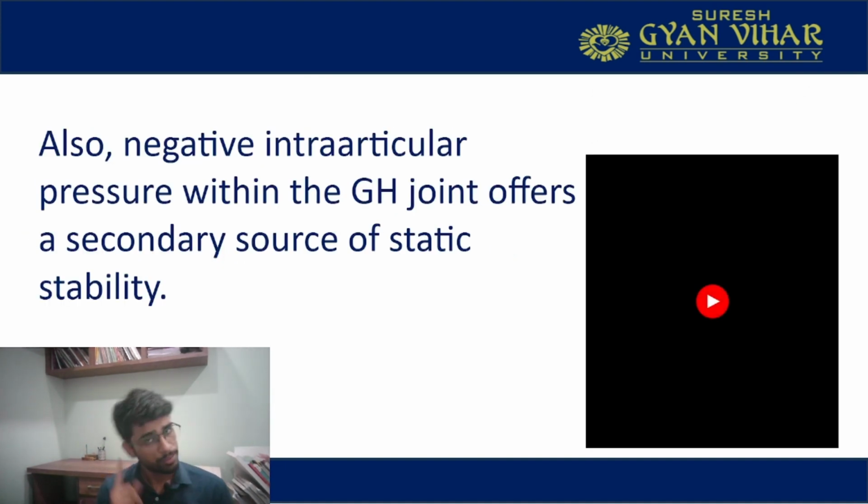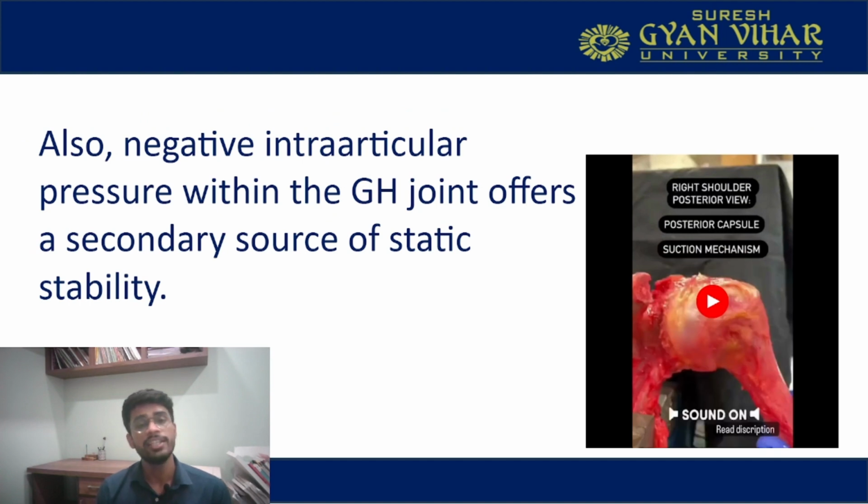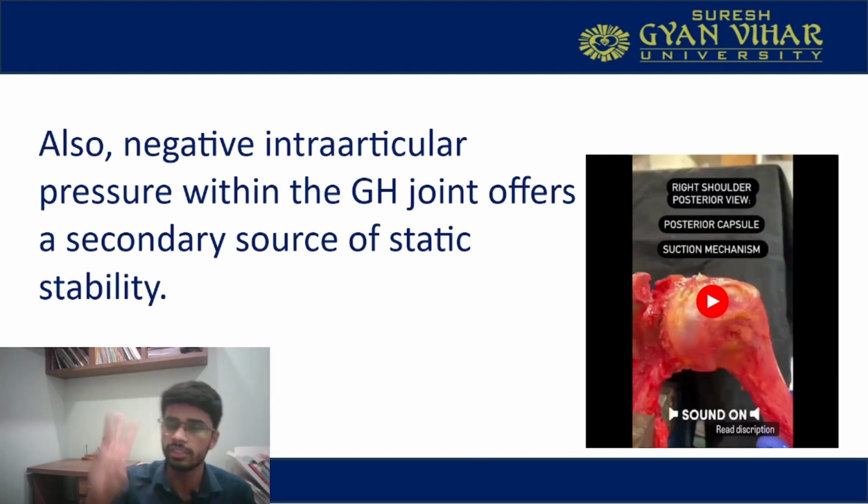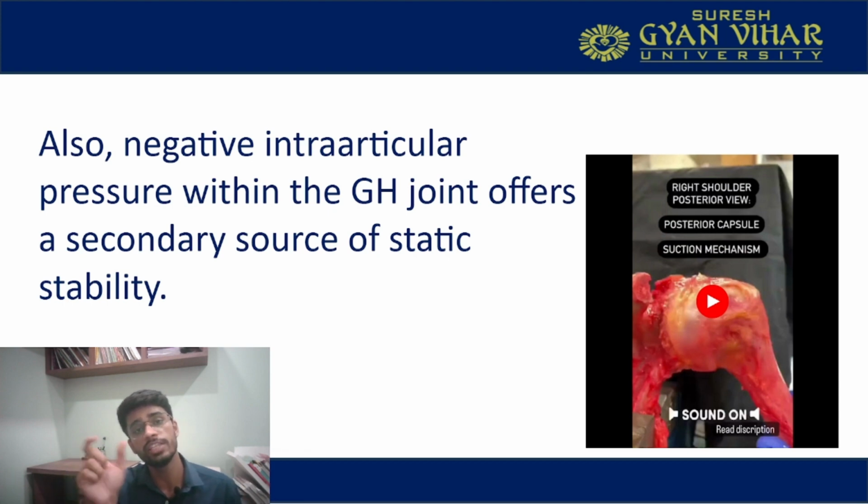Also, one more thing that we must know is that there is a negative intra-articular pressure within the GH joint, which offers a secondary source of static stability. It is not the primary source of static stability. Primary comes from the three things already discussed in the previous slides, and this comes from the secondary source of intra-articular pressure.